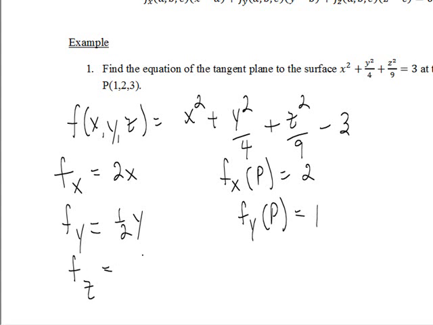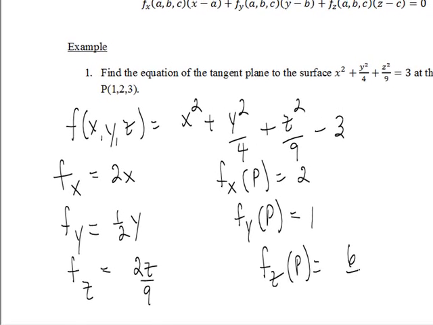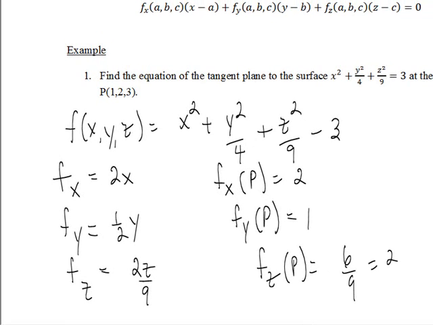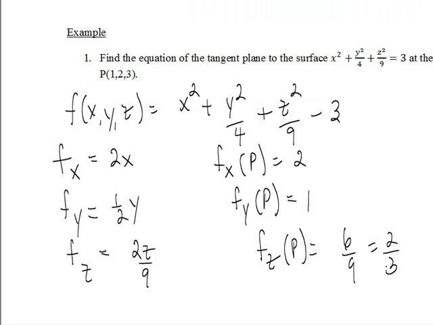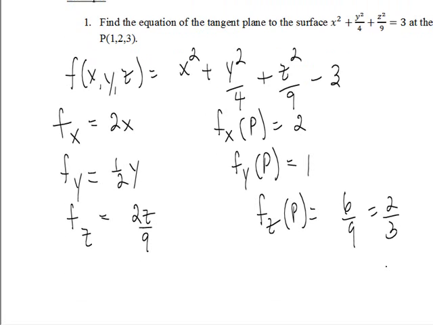Partial with respect to z is 2z over 9, at the point P is 6 over 9, or 2/3. Any questions?